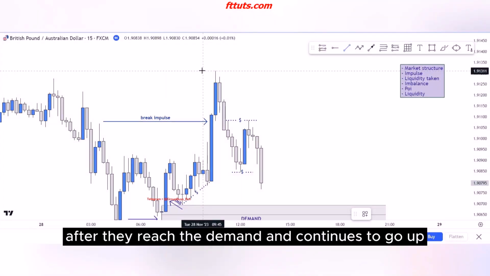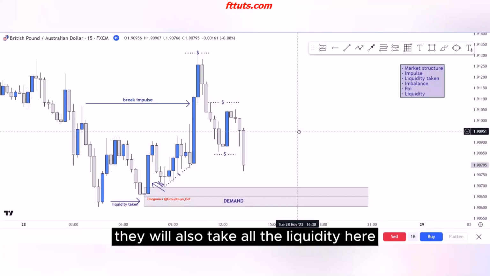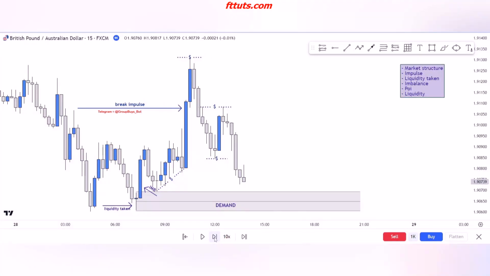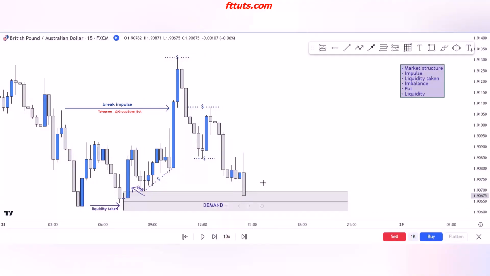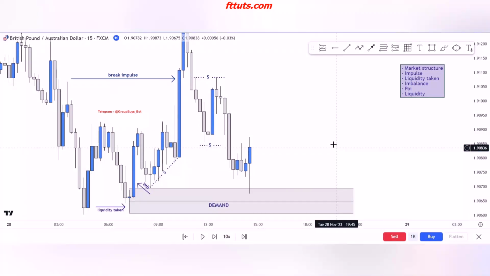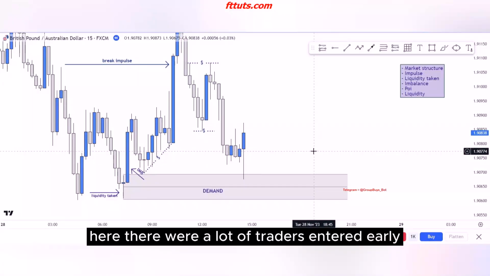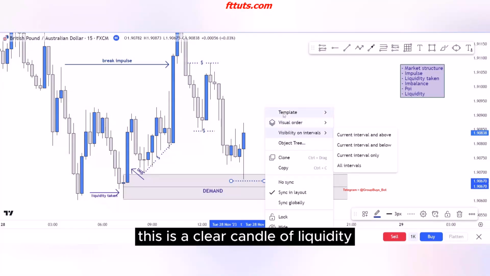After they reach the demand and continue to go up, they will also take all the liquidity here. Here there were a lot of traders who entered early and they were taken out. This is a clear candle of liquidity.